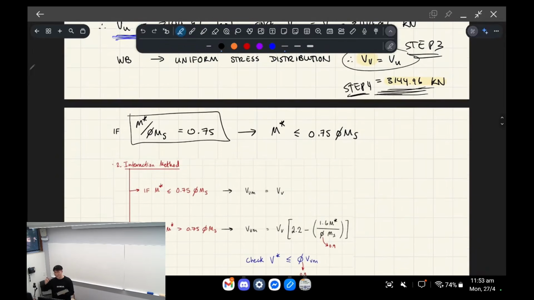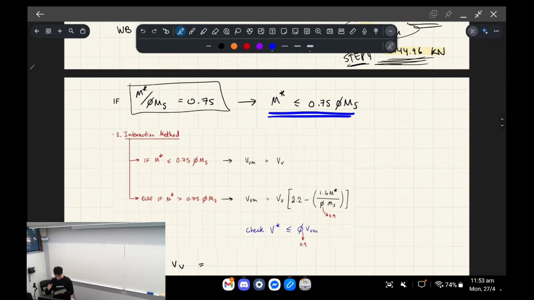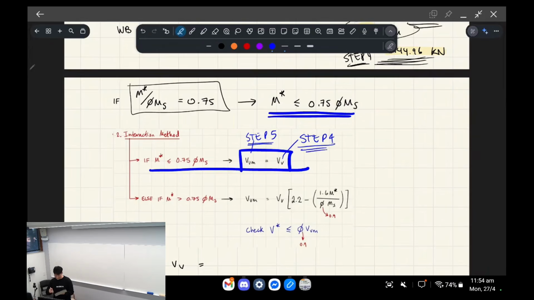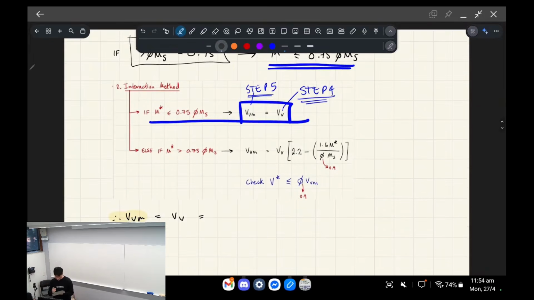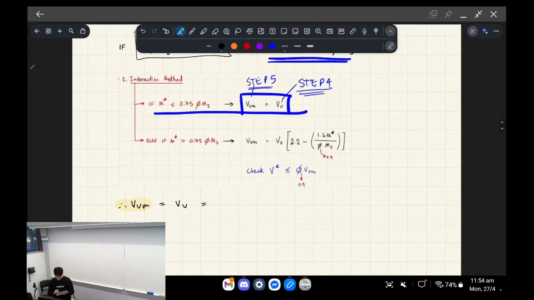So if that ratio is 0.5, then it satisfies this criteria of if your moment is less than or equal to this number, then we basically just set, let's call this step 5, your value VVM equal to what we got in step 4. So we're just setting all these steps equal to each other. It's a very linear set of checks essentially, is what we're doing.